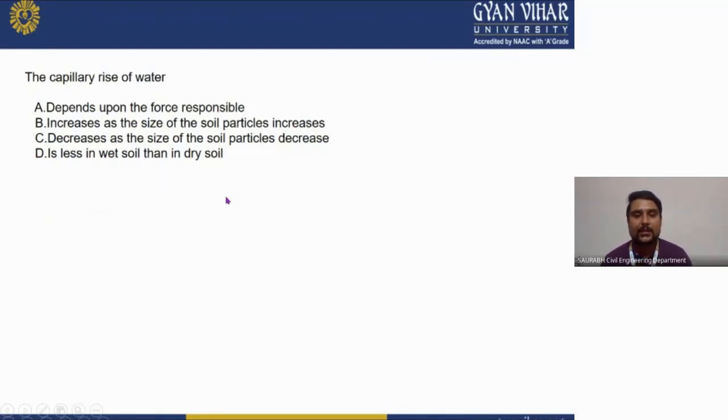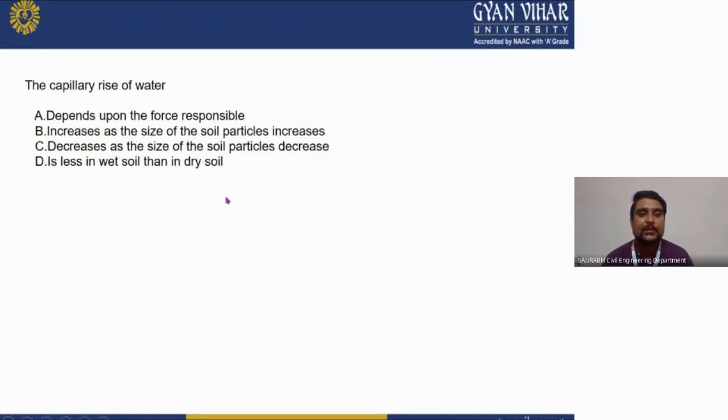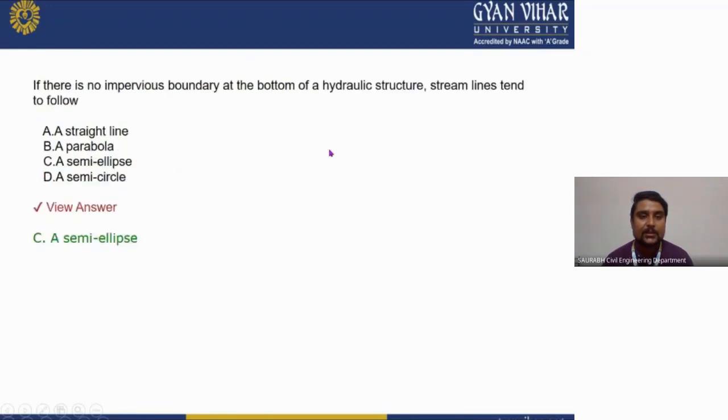So we will see here the right answer. The right answer is that it decreases as the size of soil particle decreases, and increases as the soil particle size increases. Now we will see the next question.